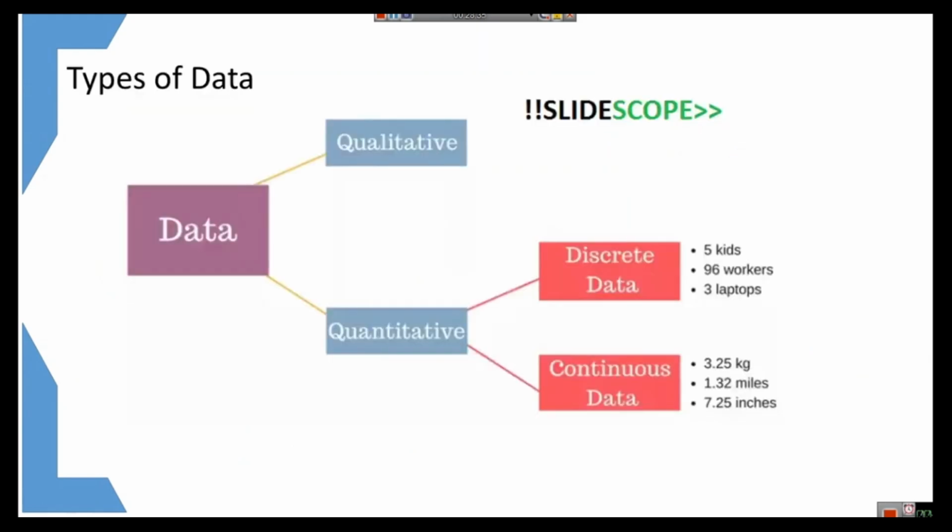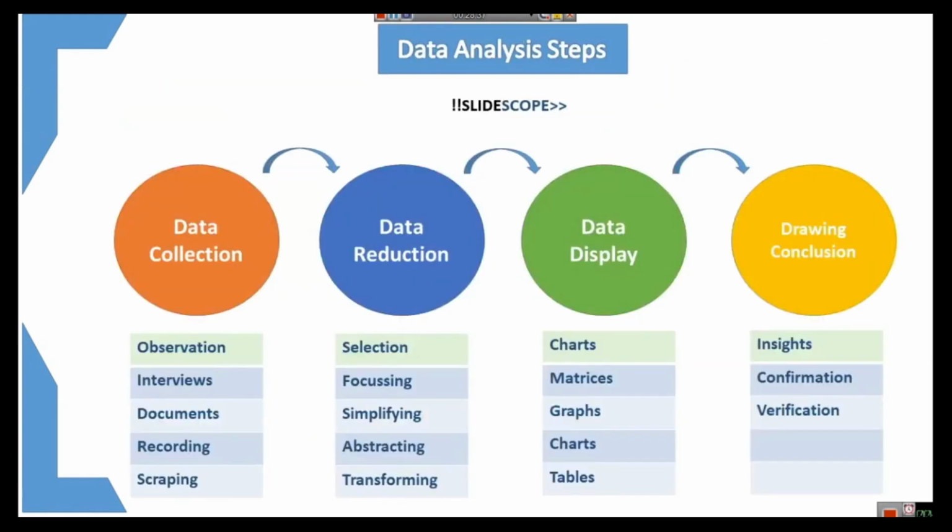Here we are discussing the data analysis steps. In case of data collection, first observation is there. You can collect data on the basis of your observation. You can write it down. You can take interviews, and that will result in collection of data. You can have documents which have some information, so that is already a data collection.